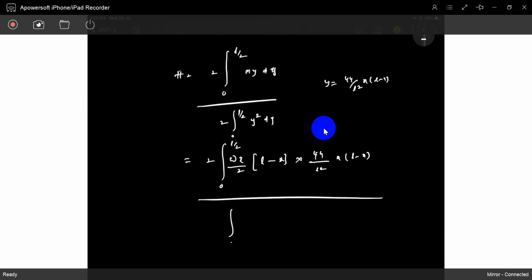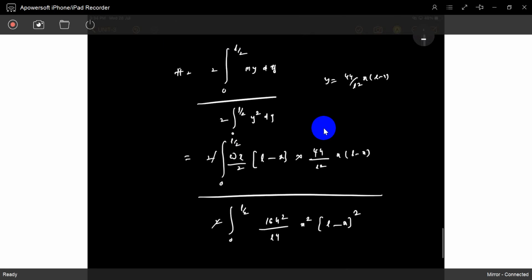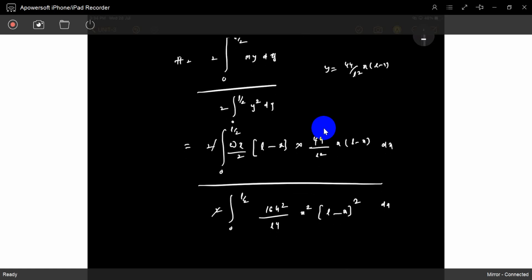Y whole square is 16 h square by L power 4, x square into L minus x whole square, with dx in both.